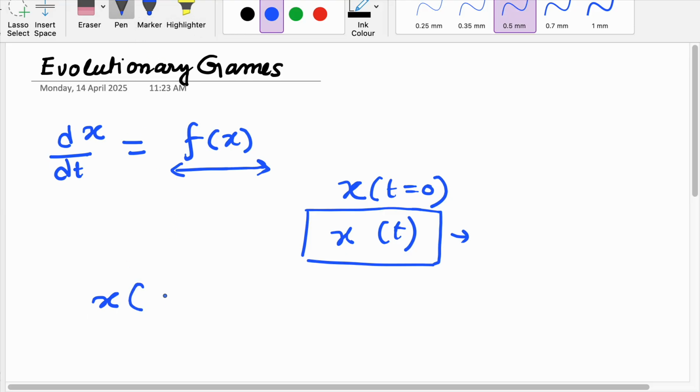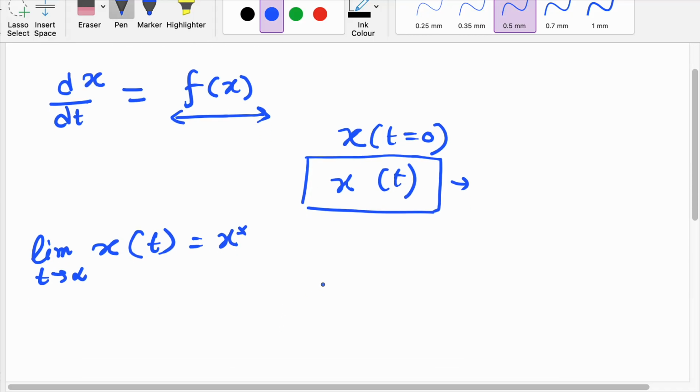Could we in principle determine where the system is in the limit t tends to infinity, maybe at some x star? That x star should possess some property. One property is that if I reach the point x star, the system will not move further, that means the system will stop there.